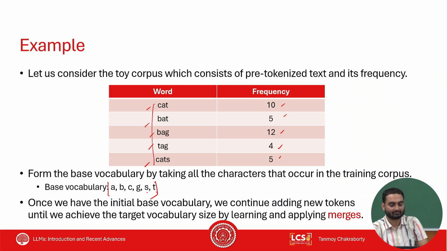Then we look at combinations and their frequencies, and based on the highest frequency, we merge that particular combination. How many combinations are possible? AA, AB, AC, AG, AS, and AT. Then again BB, BA, all possible combinations that you can think of.